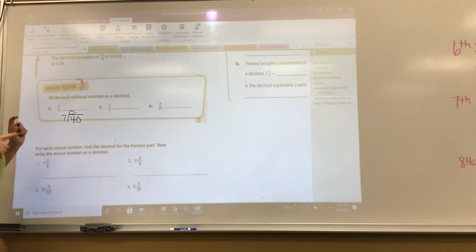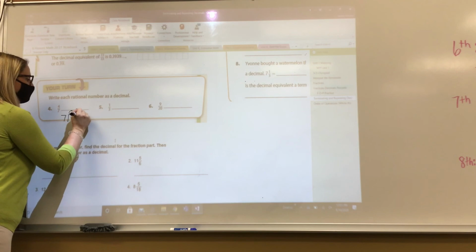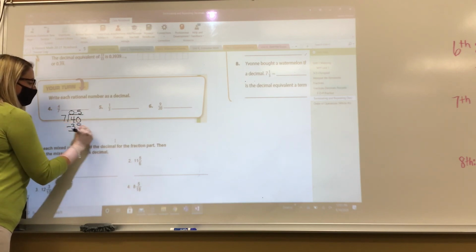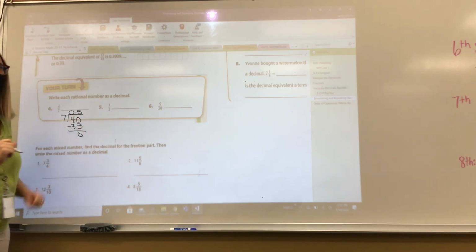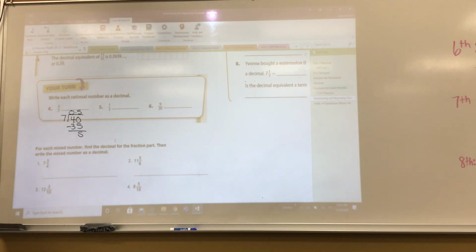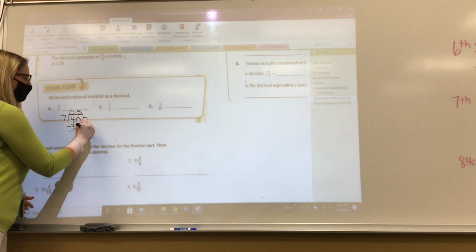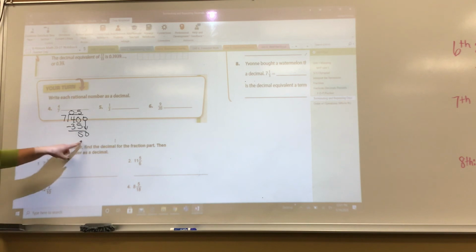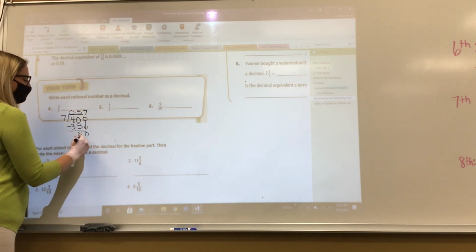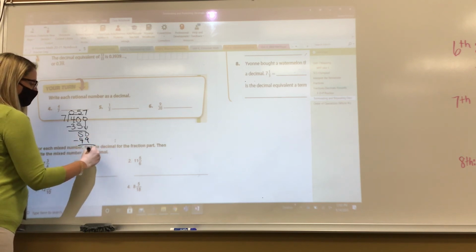So not 7. 6 times is 42. 5 times is 35, and then we subtract and we get a remainder of 5. Now what? Add a 0, bring it down. How many times does 7 go into 50? 7. So 7 times 7 is 49. We subtract and get a 1.